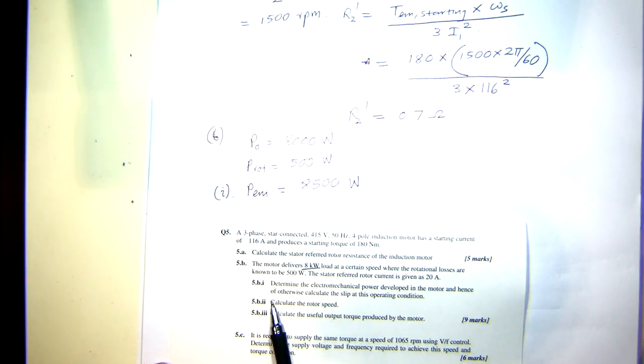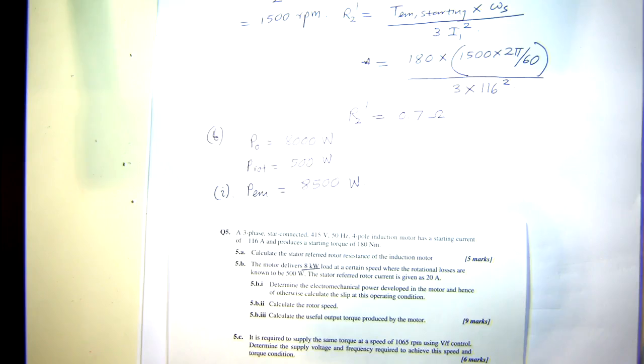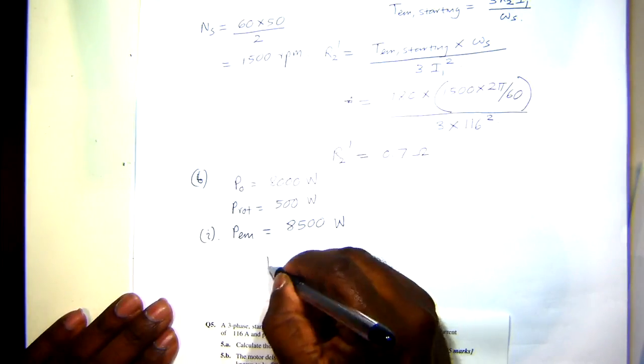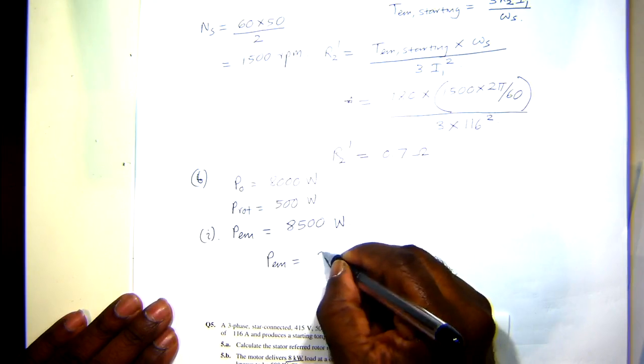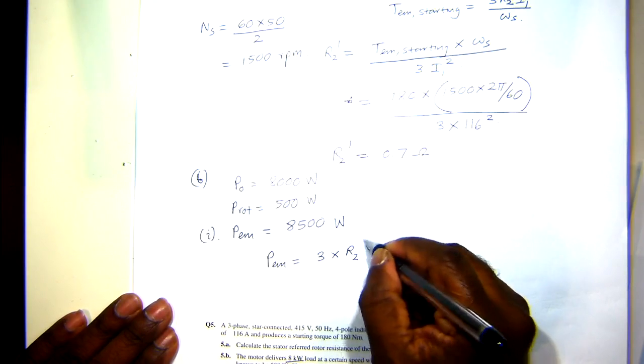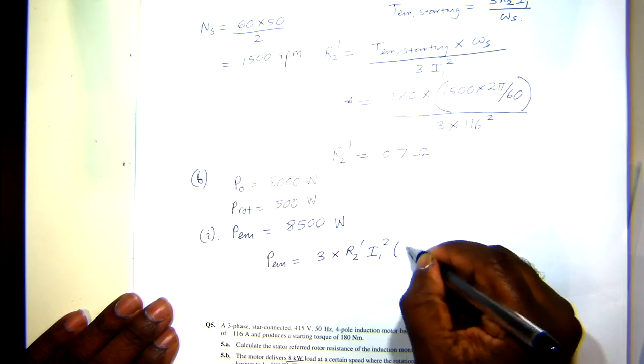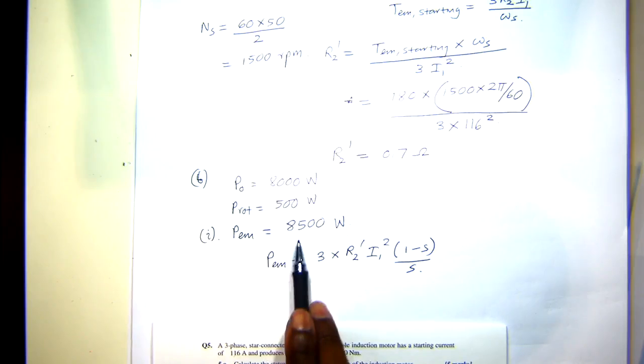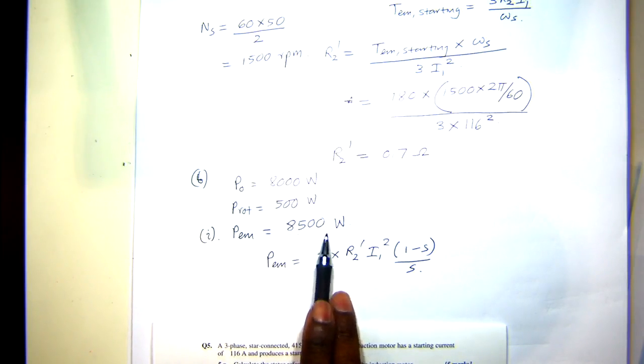And then, hence or otherwise calculate the slip at this operating condition. So again, we can apply this particular equation. So we can write PEM as 3 times R2 prime I1 squared 1 minus S over S. So we have the PEM value, we calculated that here.